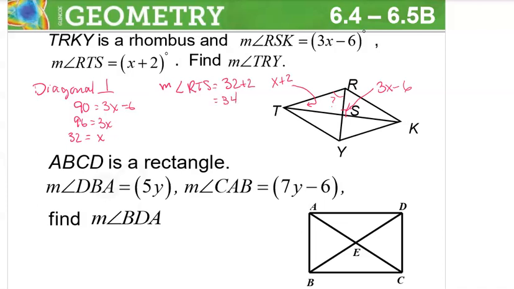So I also know this is 90 right here as well. So this is a right triangle. If I take that all out of there, this is 90, this is 34. So this one has to be 56 because the acute angles in a right triangle add up to be 90. So I know the measure of angle TRY equals 56 degrees. So you really have to know these properties and say, okay, they gave me this information, what property applies to this?